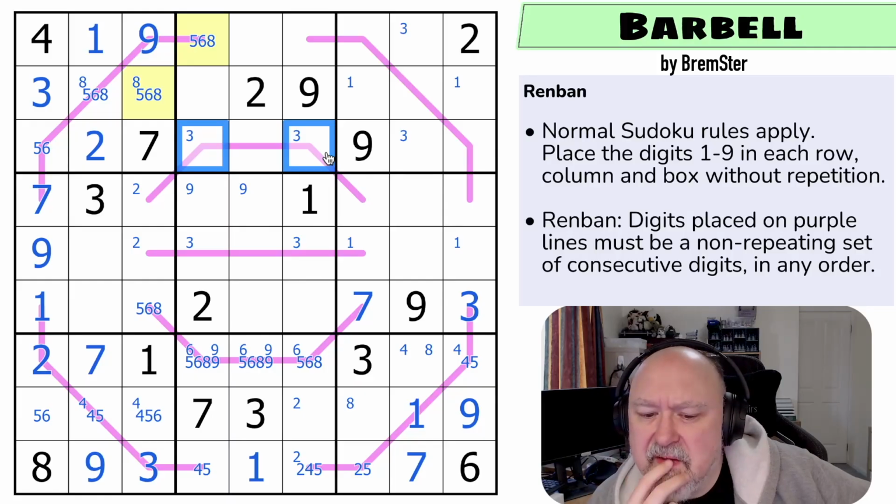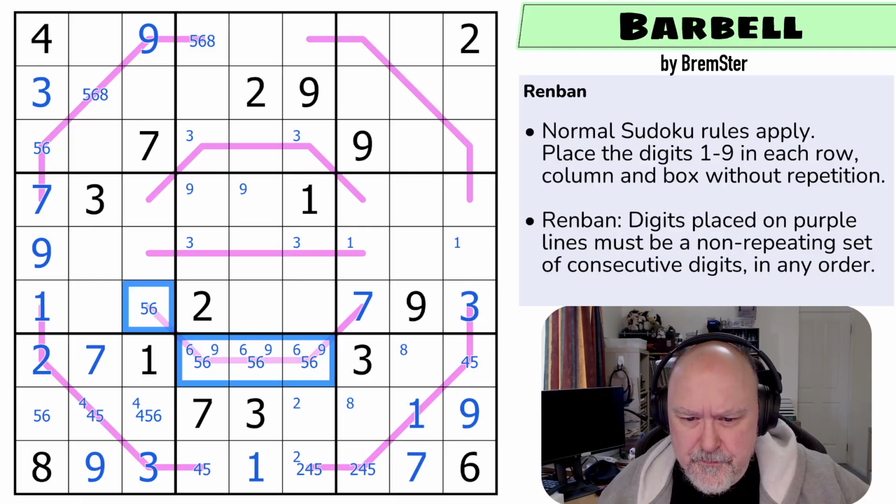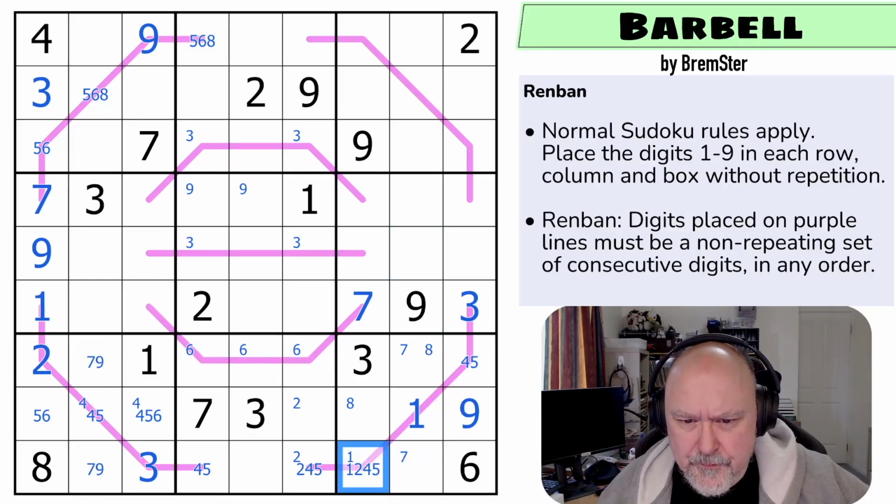I'm a little worried about that now. When did I make that deduction? A long time ago. And why did I make that deduction?